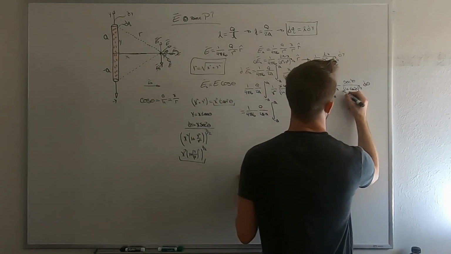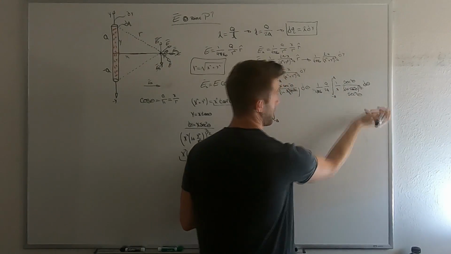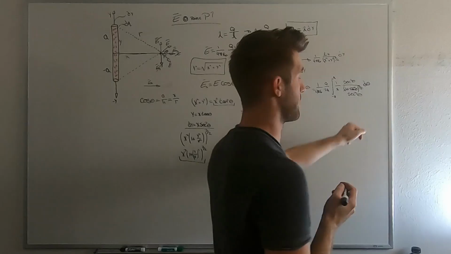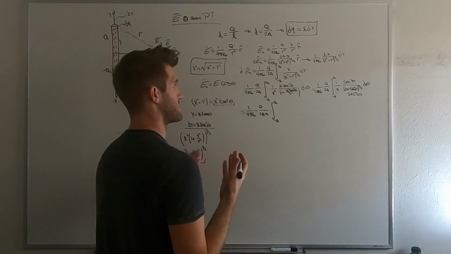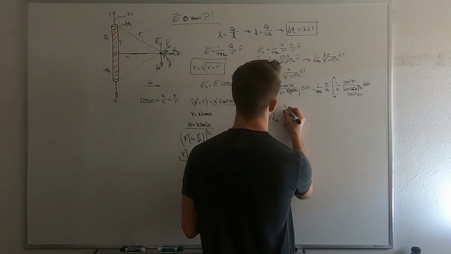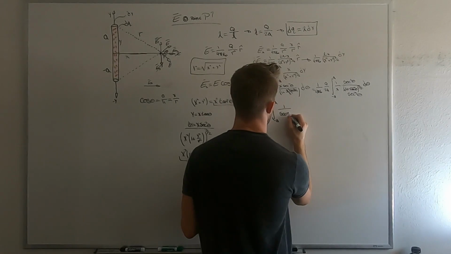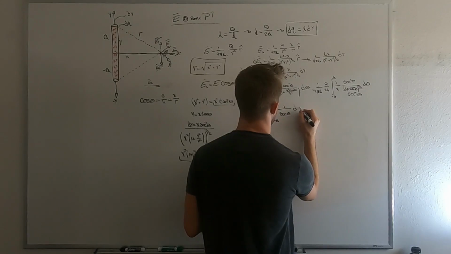So that's what this is going to be. Secant cubed theta, after we apply the exponent there, right? So, well, what's secant squared over secant cubed? That's just 1 over secant, right? So 1 over secant theta d theta.